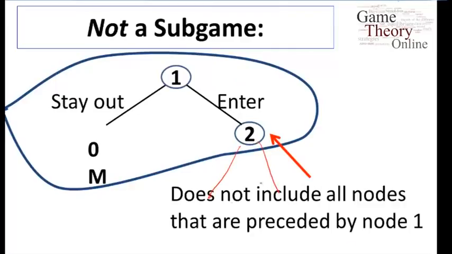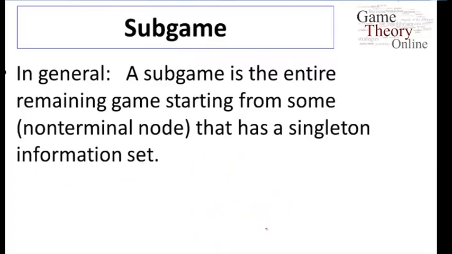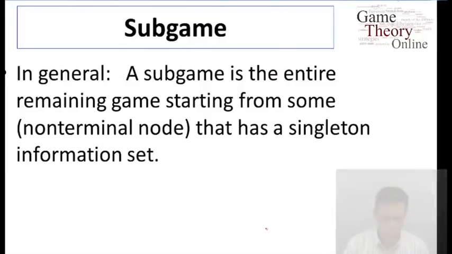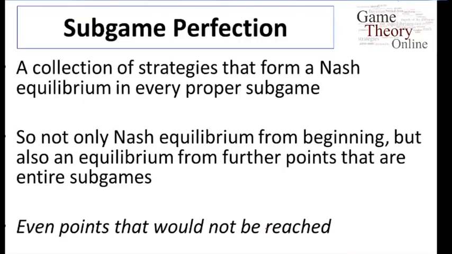We're losing the terminal nodes down here, and that's not a proper subgame. So in general, a subgame is the entire remaining game from some non-terminal node that has a singleton information set. With the definition of subgame in hand, we can define what's known as subgame perfection, or subgame perfect equilibrium.